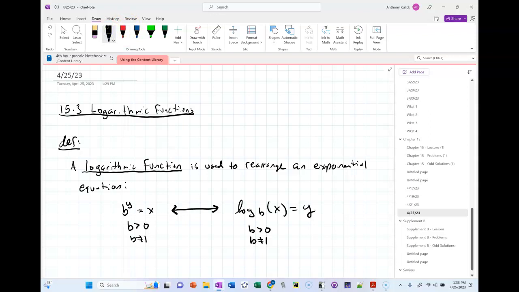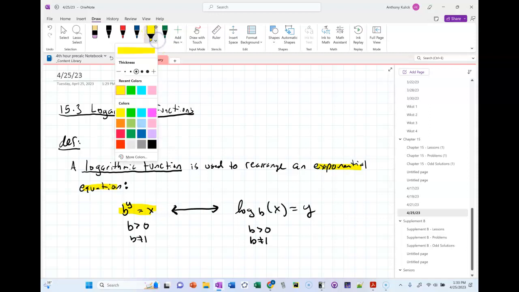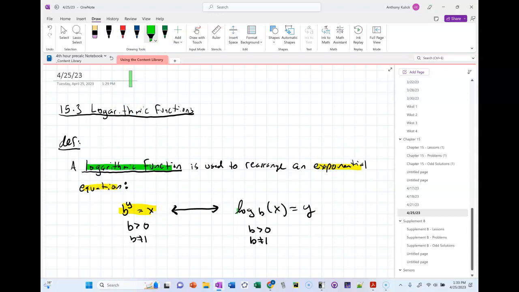So we say that a logarithmic function can be used to rearrange an exponential equation. So if I have the exponential equation b to the y is equal to x, that is an equivalent equation to the logarithmic equation, log base b of x is equal to y.